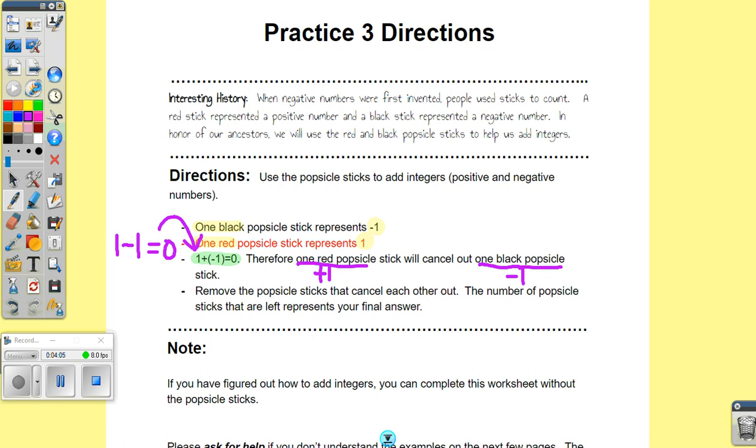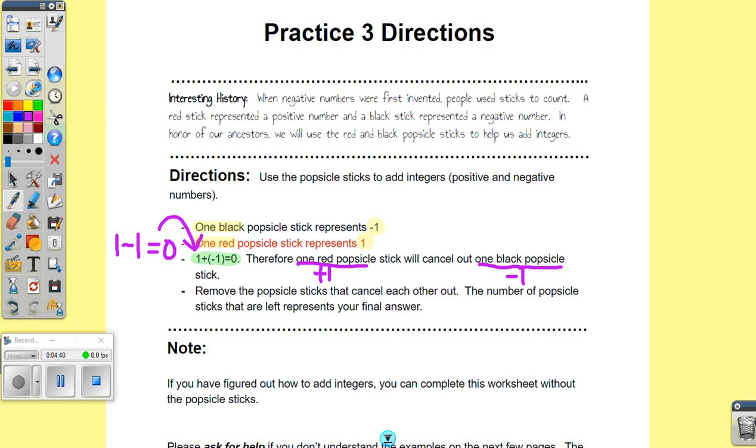So what will end up happening is when we have 2 colors in a problem, if we have some red and some black, that means that the problem can be simplified and we need to get rid of the extra popsicle sticks until we only have 1 color left. So we'll keep canceling popsicle sticks out until we're left with just black popsicle sticks or just red popsicle sticks. And whatever is left over after all of that canceling ends up being the representation of your final answer. So that's the general rule of thumb there.